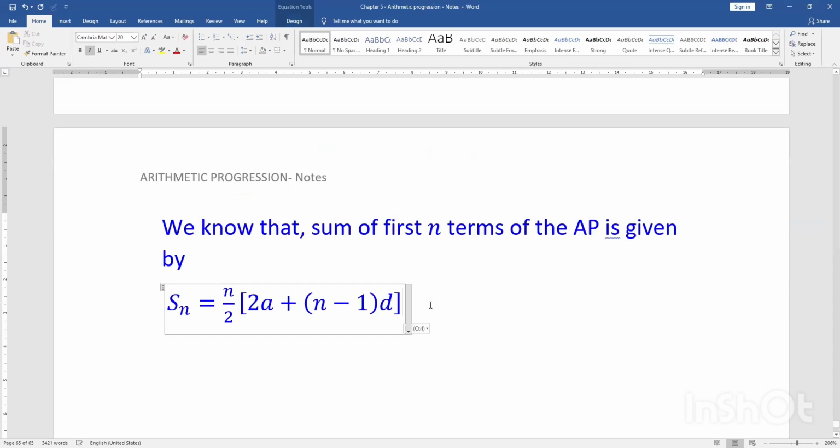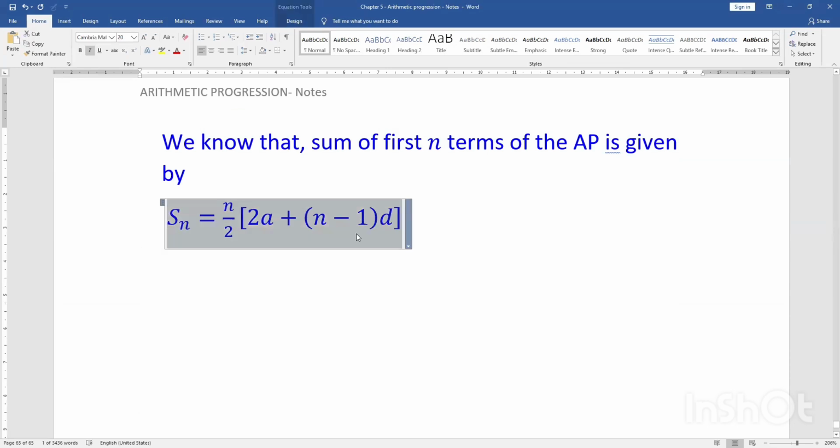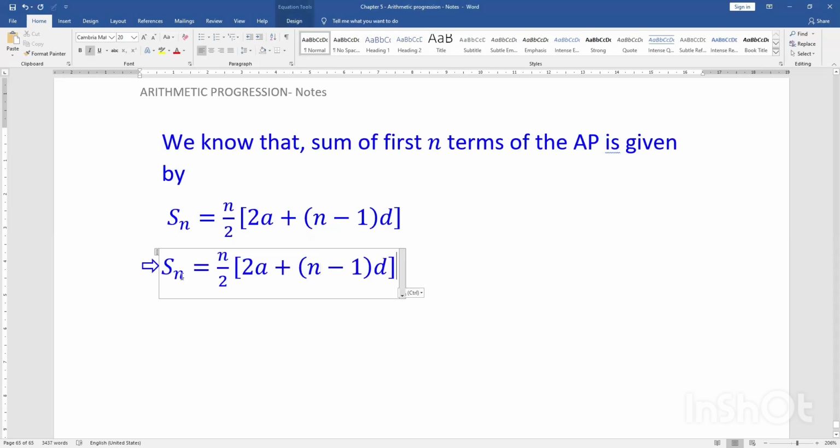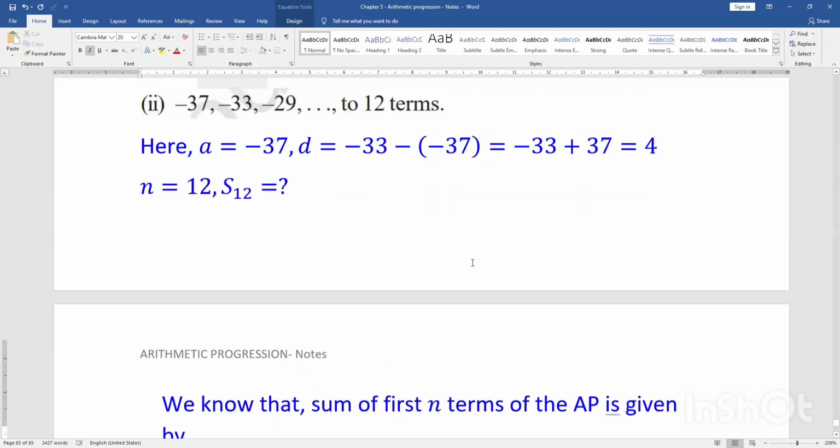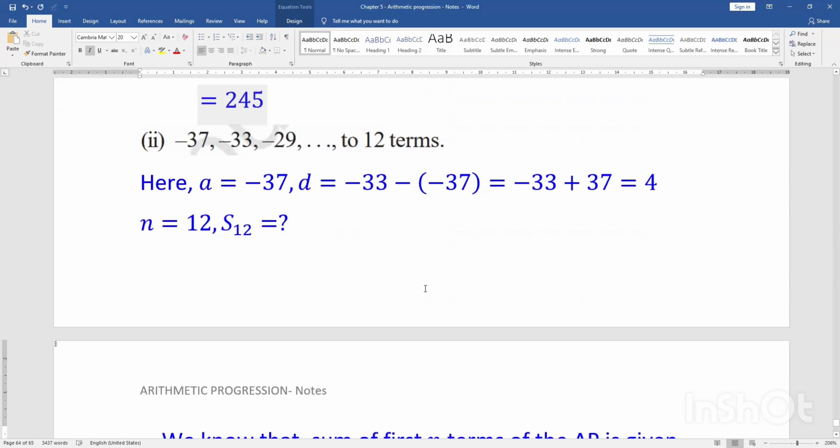Let us write that. So we have Sn is equal to n by 2 into 2a plus n minus 1 into d. Okay. I'm going to write down the same formula in my next step also to show you the substitution. So put here Sn again. But instead of n, I'm going to put 12, because we need to find the sum up to 12 terms, right?